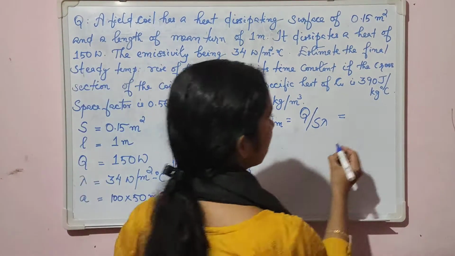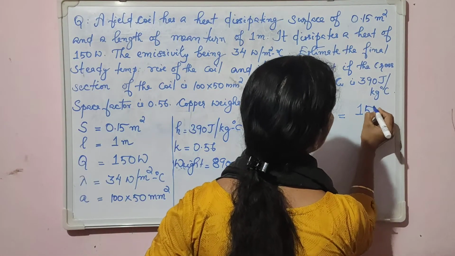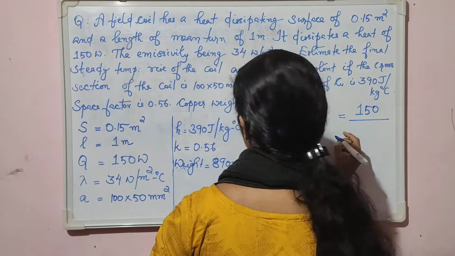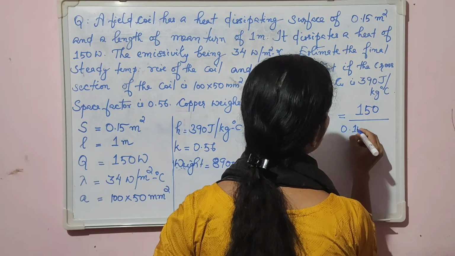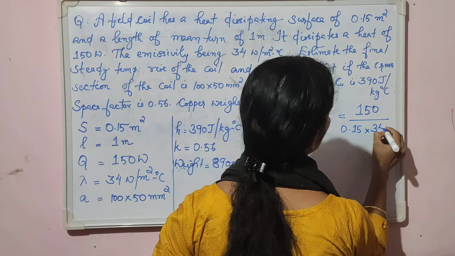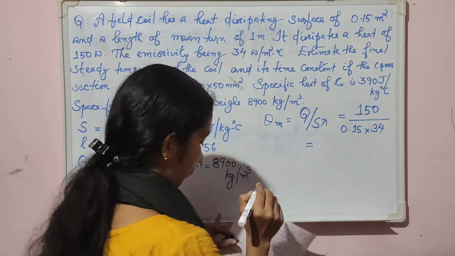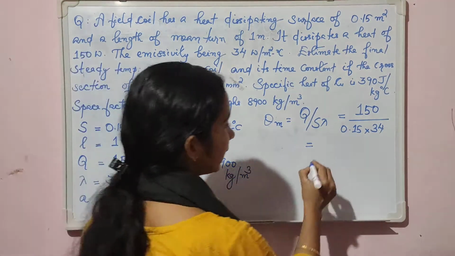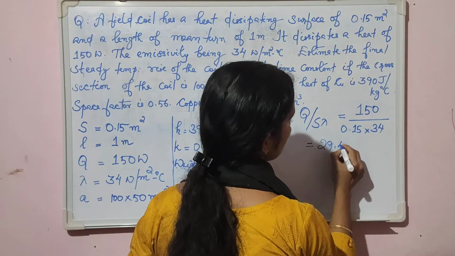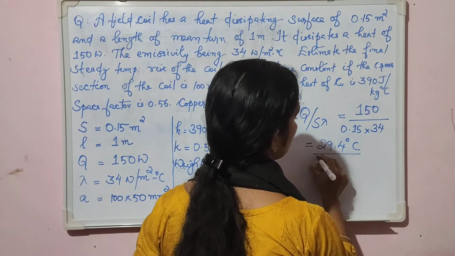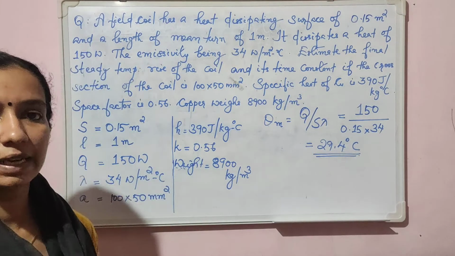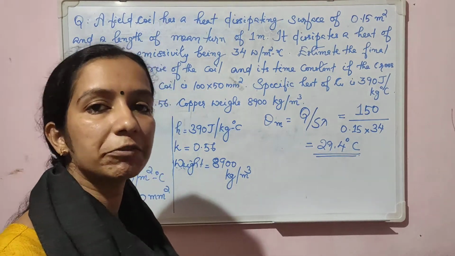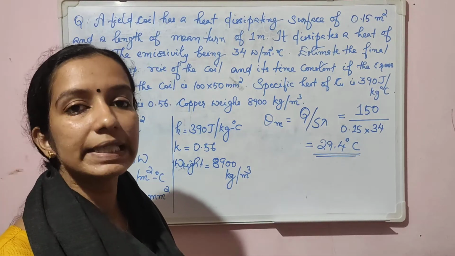So substituting all the values, we will get 150 divided by 0.15 into 34, and the answer will be 29.4 degrees Celsius. So this is the answer for theta m. We can directly substitute the given values and calculate theta m.